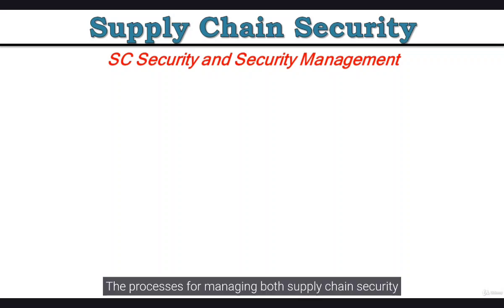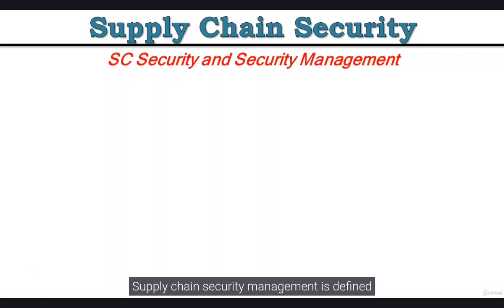The processes for managing both supply chain security and supply chain risk are interrelated as they are both involved in the promotion of the overarching concept of business continuity. The process for managing supply chain security is known as supply chain security management, whereas the process for managing supply chain risk is known as supply chain risk management.